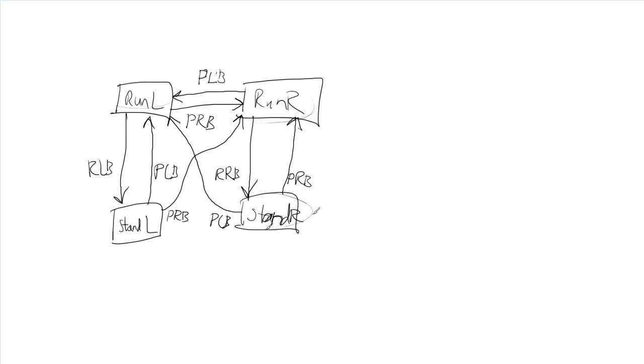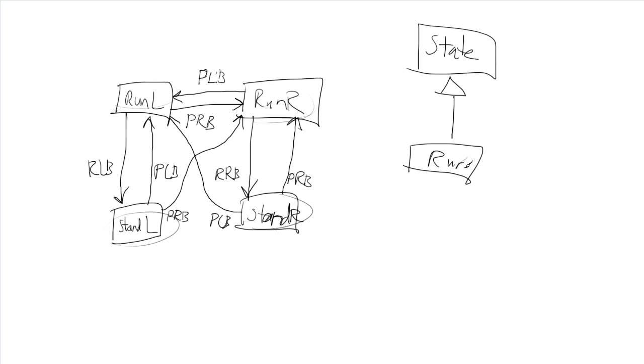So you're going to get a lot of redundancy and stuff you're going to have to copy and paste. I mean, you can do something like you got your state class, and you derive from that your run, and you derive from that run right and run left.